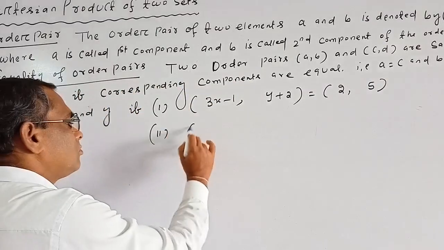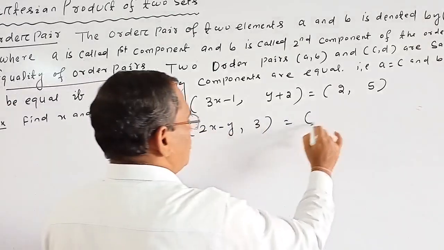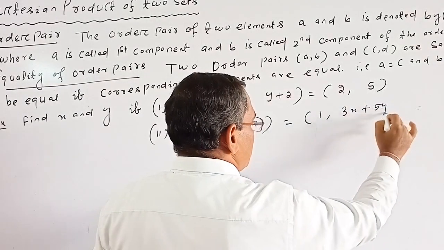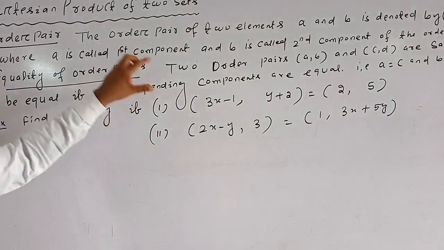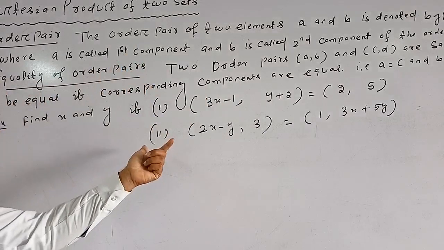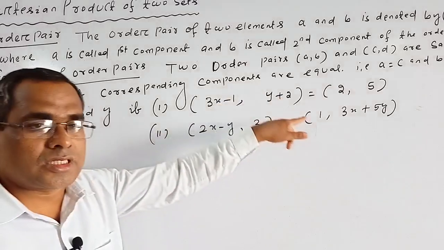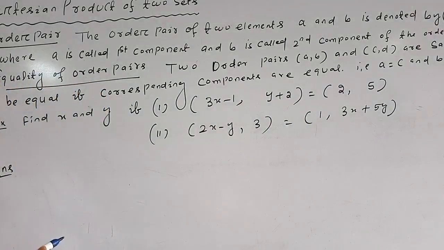Number 2, (2x minus y, 3) is equal to (1, 3x plus 5y). So if these two ordered pairs are equal, then what will be the values of x and y? How can you determine the values of x and y by equating two ordered pairs? You know ordered pairs are equal means they have the same components. Corresponding components are equal.